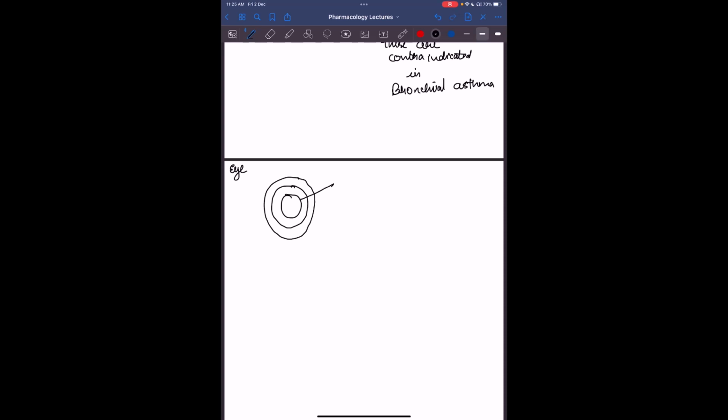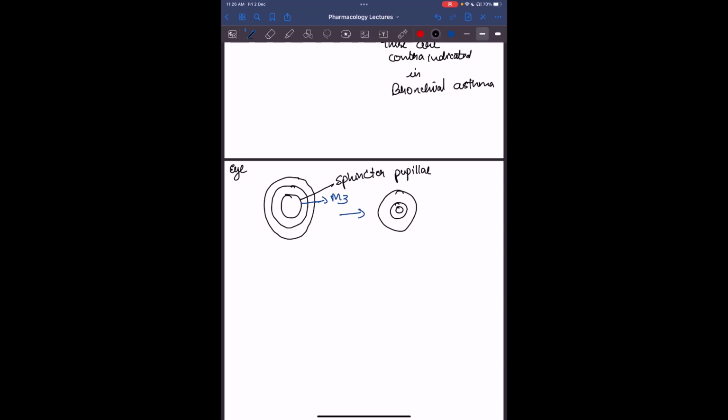This is the sphincter pupillae, which is mediated by M3 receptors. Sphincter pupillae causes constriction. Constriction means when it contracts, the pupil becomes small. It causes miosis.